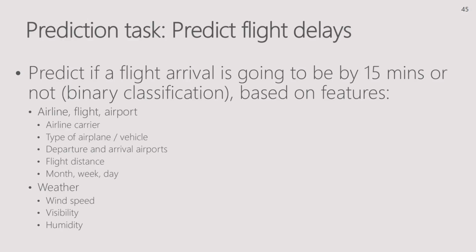The airline data set consists of on-time flight departure and arrival, and you can integrate that with the weather data and try to build up a model that will utilize your weather information plus information about your carrier, the airline vehicle type, the arrival, departure airport, etc., as features, and create a model and tell you whether the flight is going to arrive 15 minutes later or not. Okay, so it's essentially a binary classification problem.